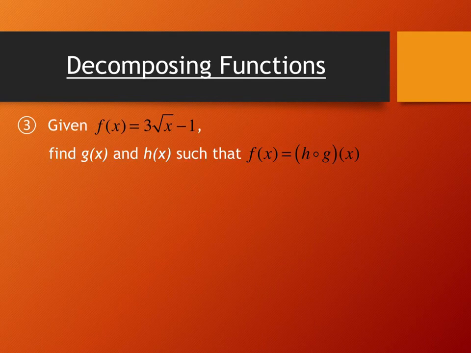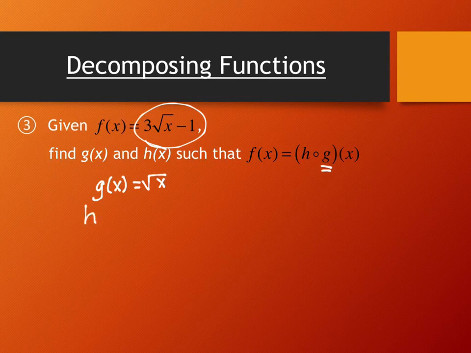So what could you let it be? Well, notice that they're letting g be the inside function. So what here looks like it's sort of embedded inside of something else? The square root of x. It's a very natural choice. So one option is to let g of x be the square root of x.